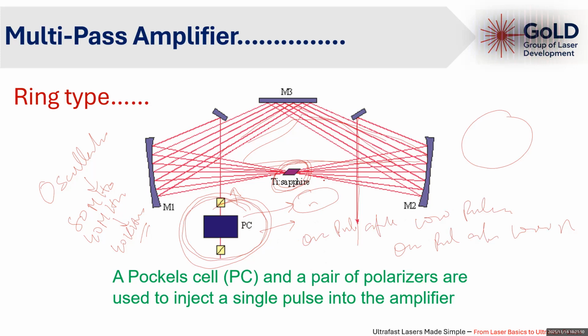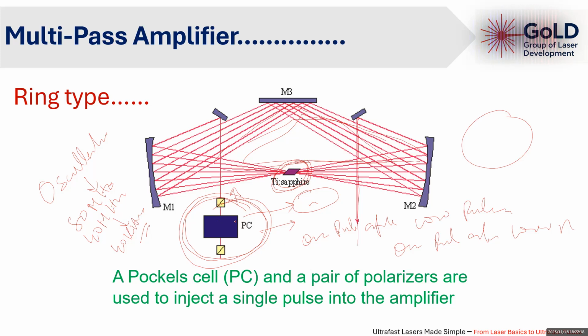So this Pockels cell selects the pulses. It's up to us, and it also depends on how efficient the Pockels cell is. The important thing is that if the pulses from the oscillator come at 80 megahertz or 40 megahertz repetition rate, we cannot amplify them. We have to select.